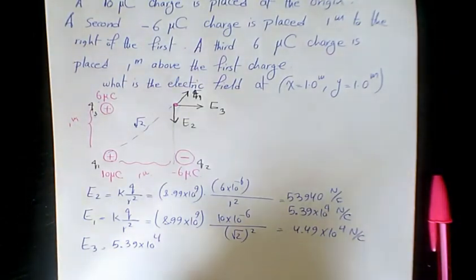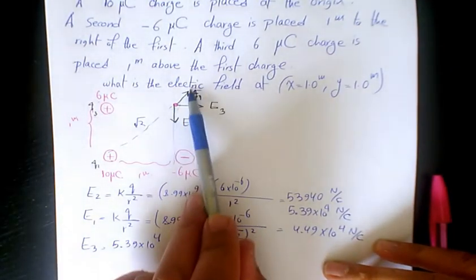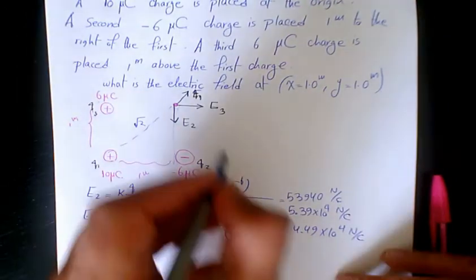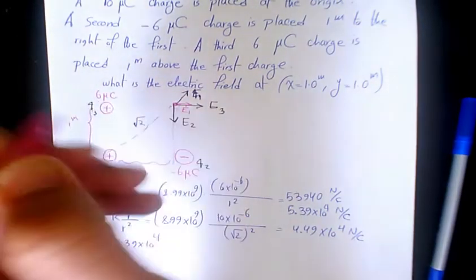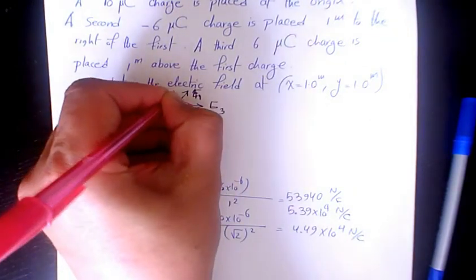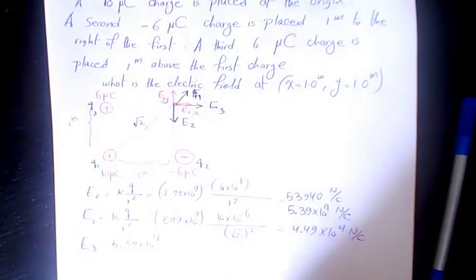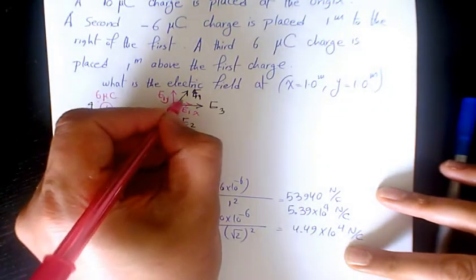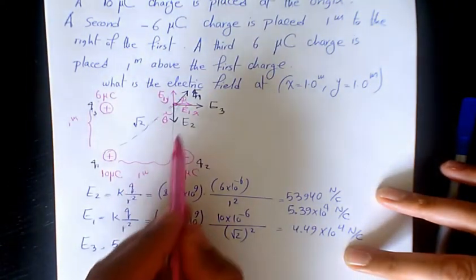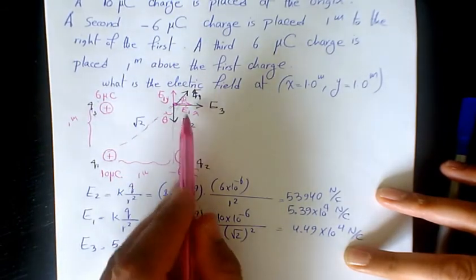Then I need to break E1 into E1x and E1y. What is going to be the theta? Theta is going to be here, same as here. That's opposite divided by adjacent, which is going to be 1 because these two are equal.